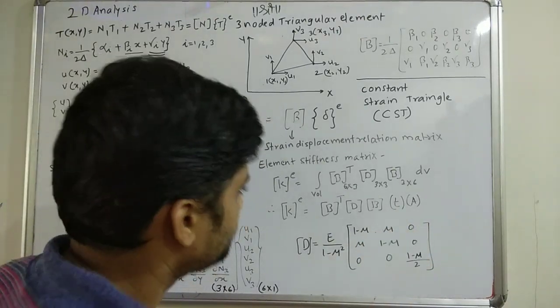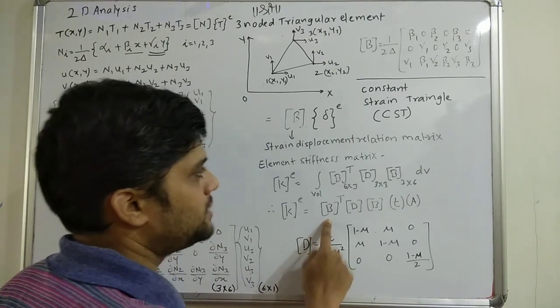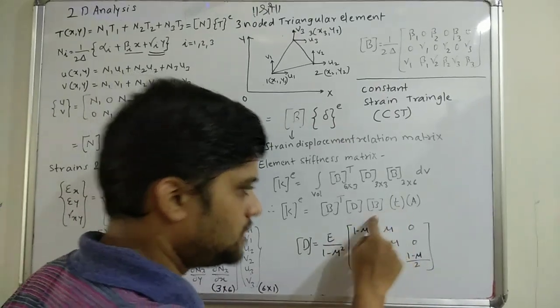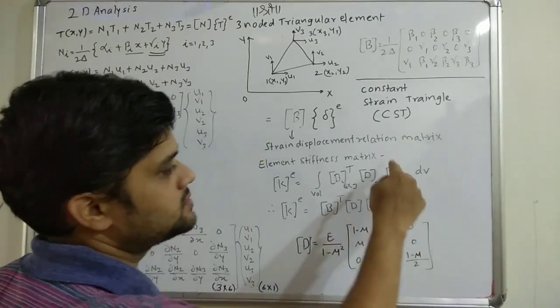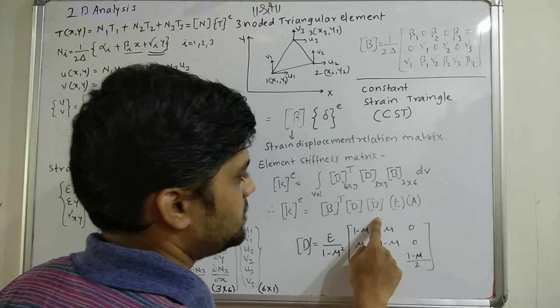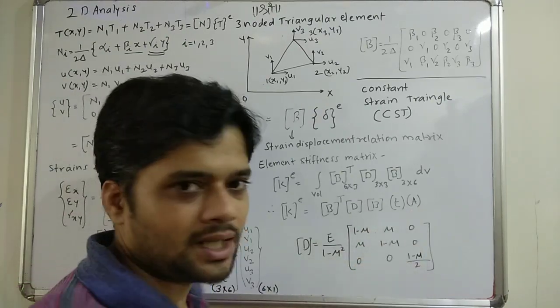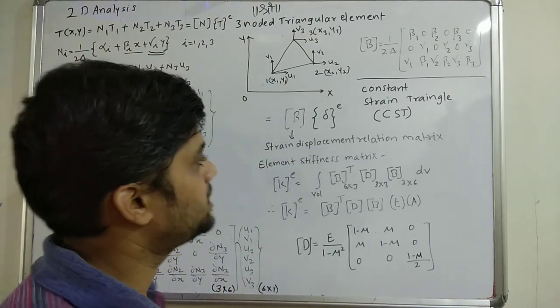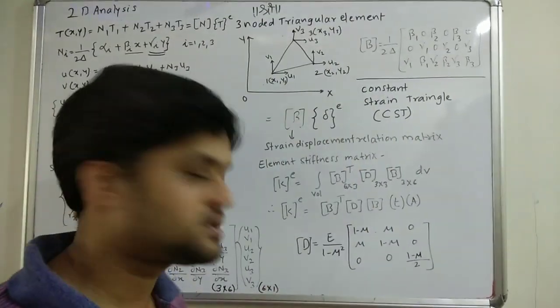So B transpose D B multiplied by t and A will give me the element stiffness matrix for the three noded triangular element or CST element.